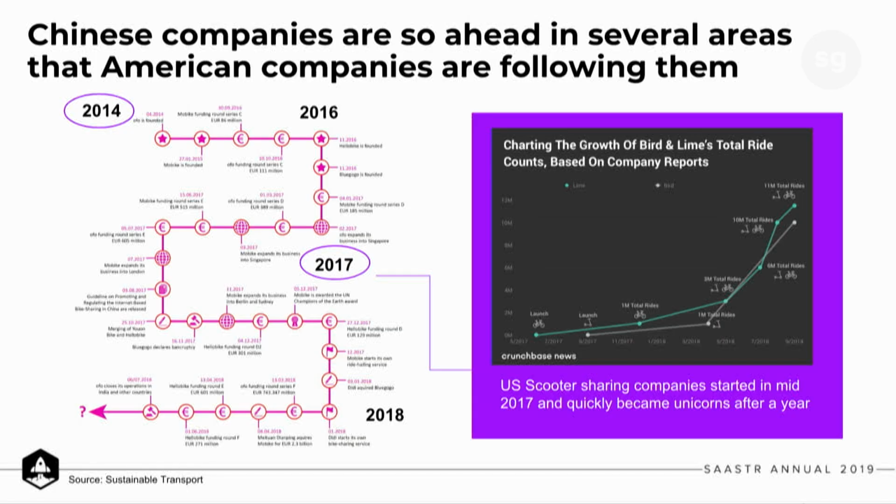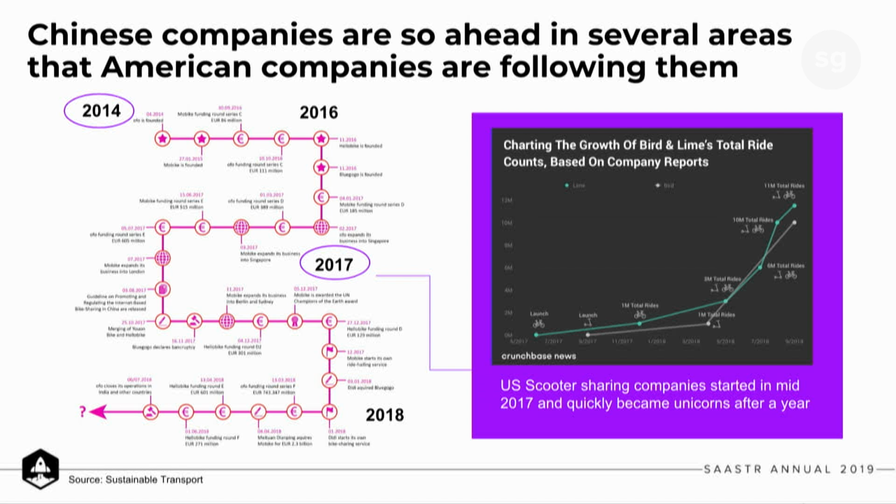One of the examples I talked about is bike sharing. All of you are familiar with Lime and Bird. They're everywhere now. But did you know in 2014, that's when the first bike sharing company, called Ofo, was started in China? Three years later, in 2017, Lime and Bird got started.